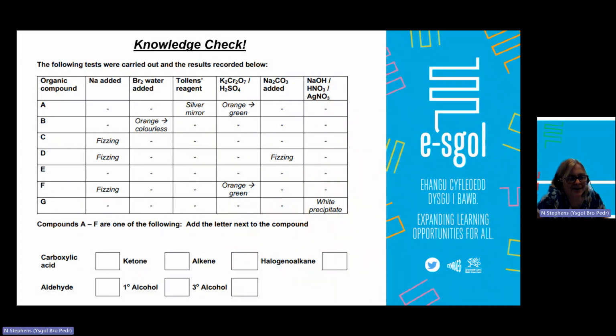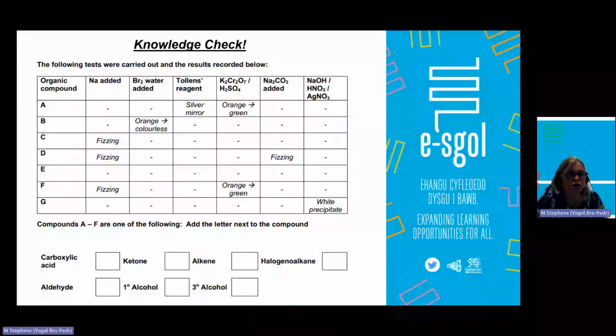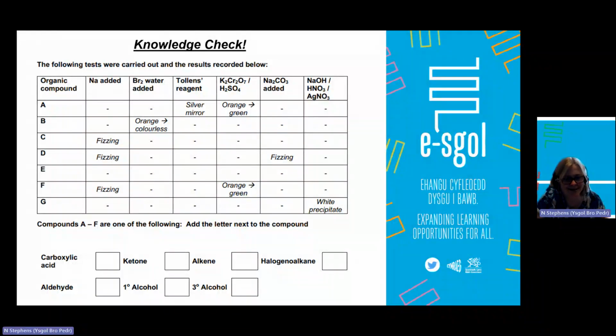So analysis of that data and those results should enable you to identify which one's which, of course. So maybe pause at this point, and then when you're confident you have identified A to G as each of those compounds, then unpause and then check whether you're correct.